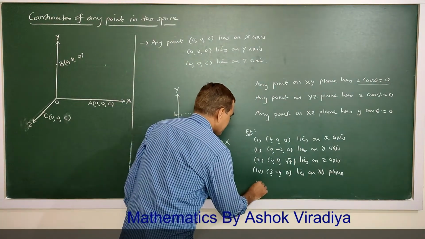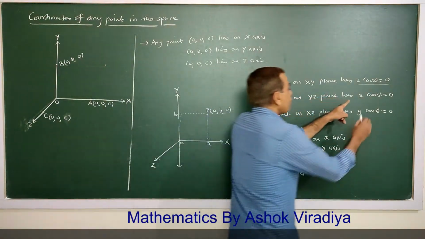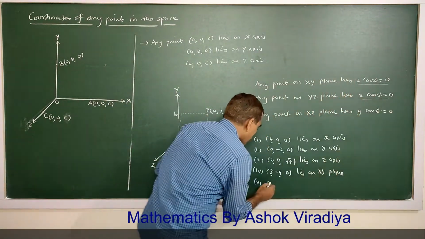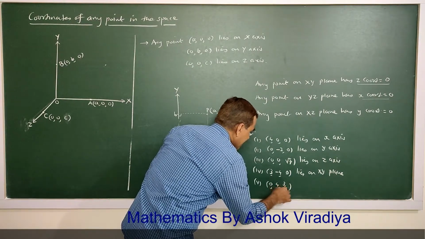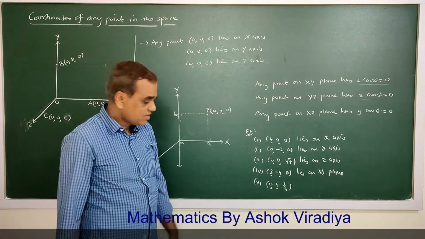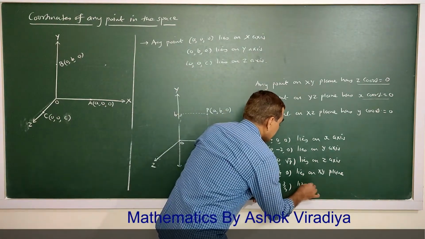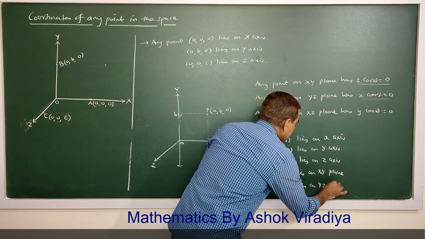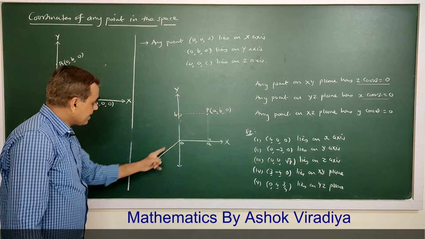If any point has x coordinate 0, suppose x coordinate 0, y coordinate 4, z coordinate 3/4, only the x coordinate 0, that means this point lies on the yz plane.